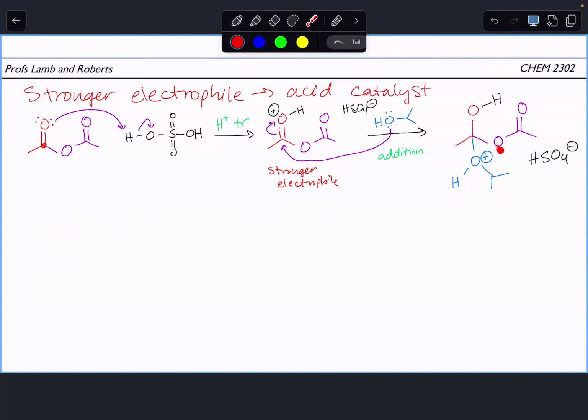So in this case, this is our leaving group. We want to make it a better leaving group by protonating it. So I'm going to have our leaving group oxygen here grab that proton. Probably could have drawn that in a different orientation to make my life easier, but didn't. So this is also a proton transfer. Technically, it's 2 proton transfers. You can draw it in 2 steps if you want.